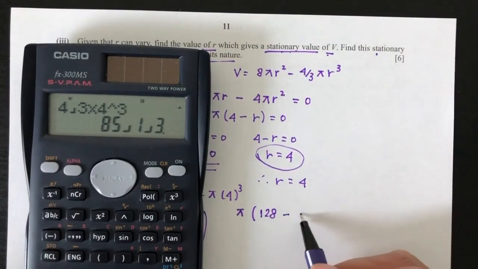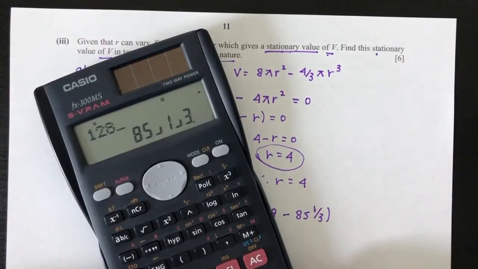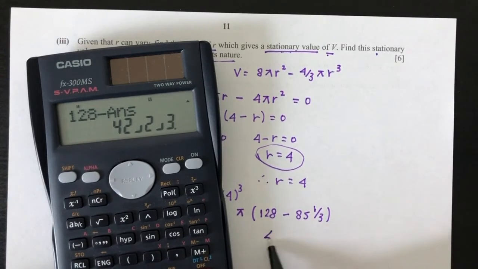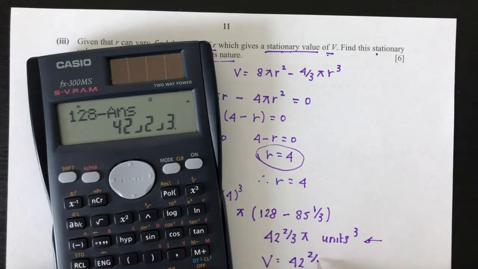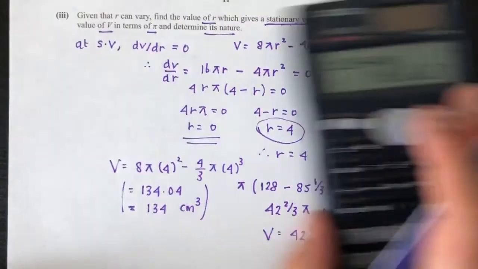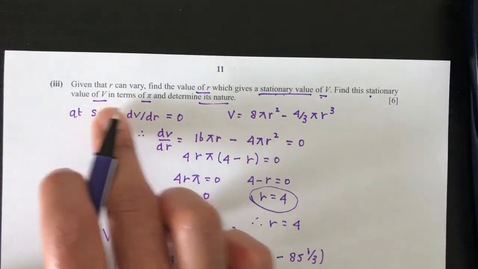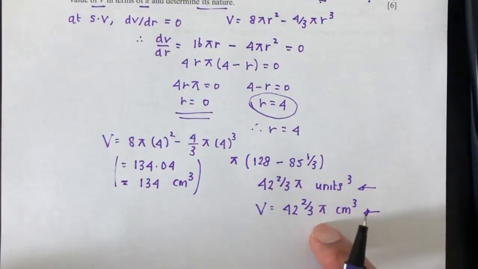That should be minus 85 1 over 3. So 128 minus the answer, that should be 42 2 over 3 pi. The volume is 42 2 over 3 pi centimeter cube at this value. The decimal one is not good because the question asks us to find the value of v in terms of pi.